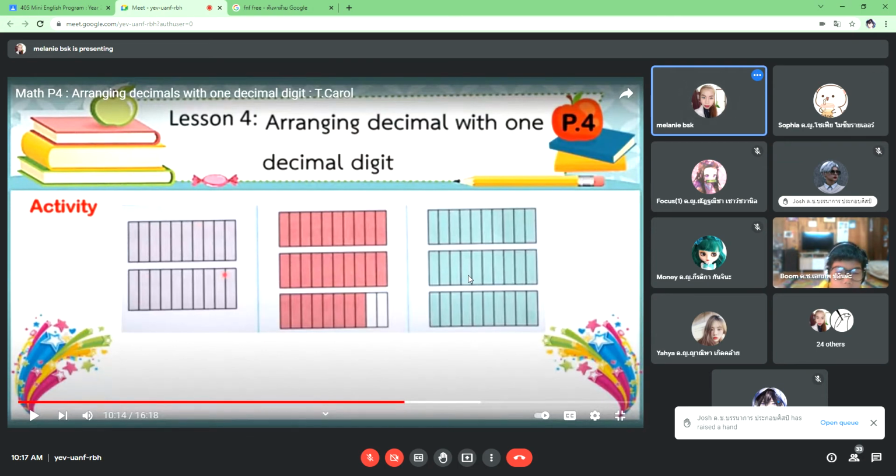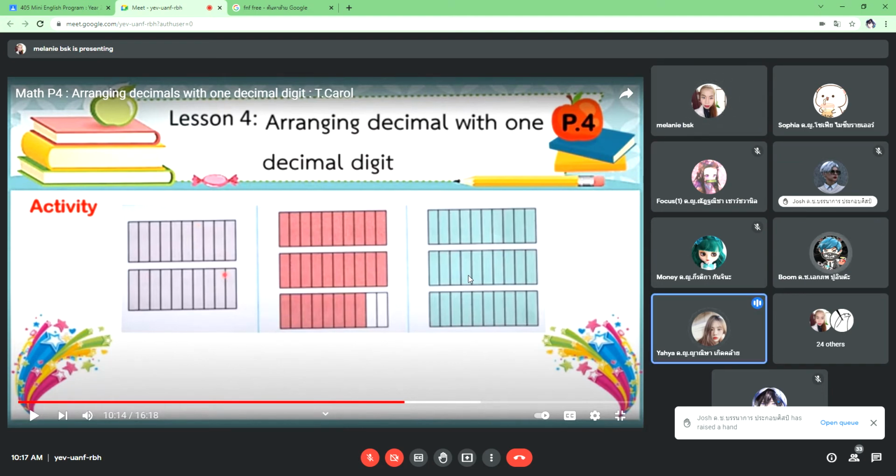But then if you're going to write this one in descending order, what are you going to do? What would be the first one? The first one is the ascending, and then the second one would be the descending, always. 3. Next, what would be the next? 2.8.